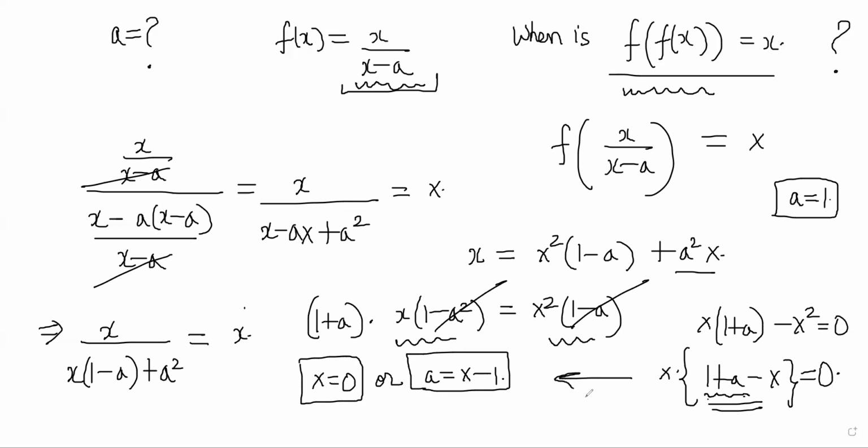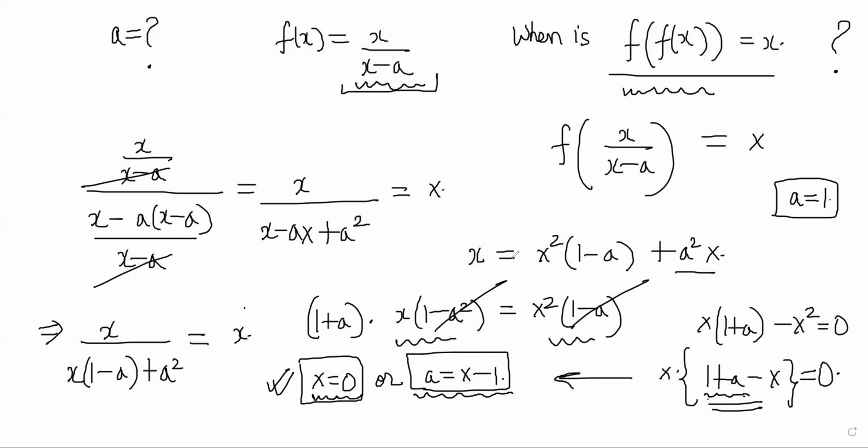But that is not a valid answer, because if you have a function, you cannot always say that the only value is x is 0. You can have many different values of x as input. Similarly, a cannot be a variable. A is a constant, so a cannot depend on x.